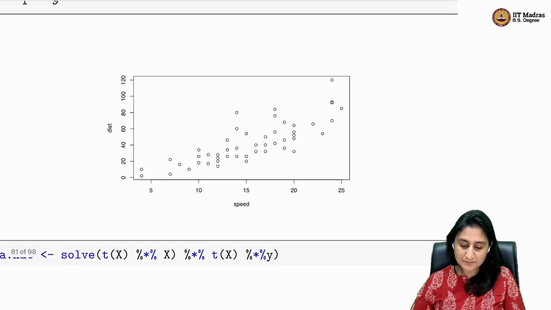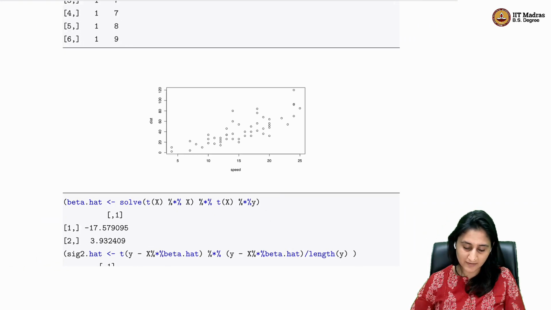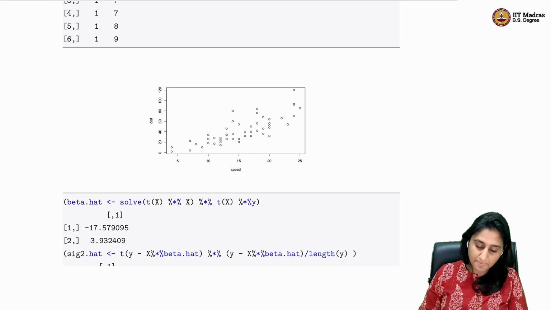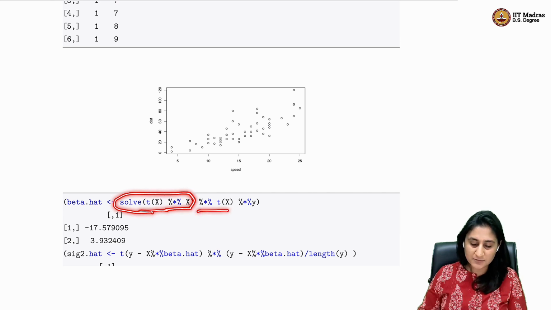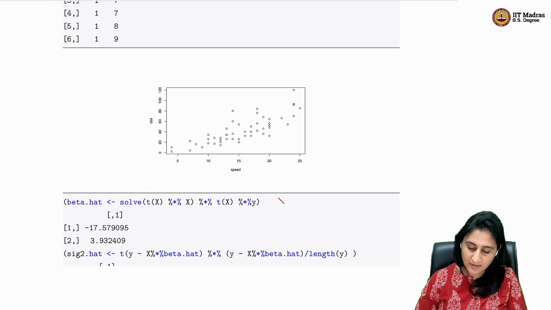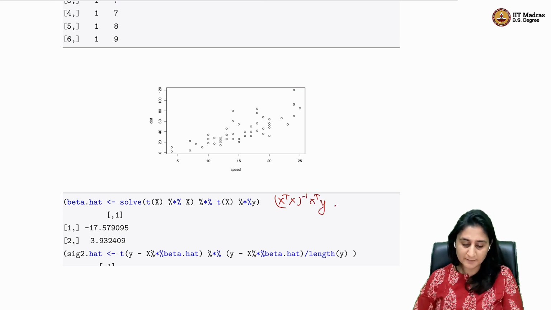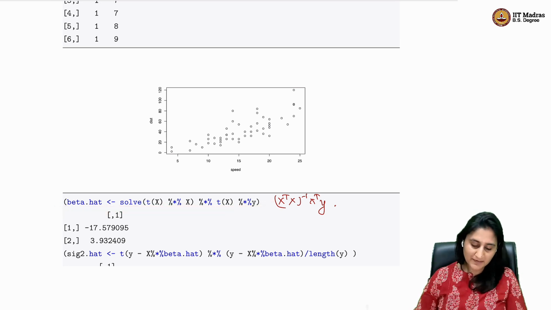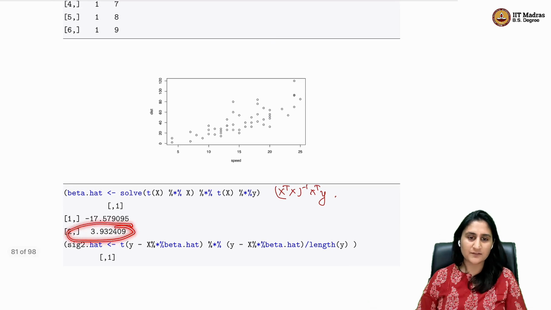Okay, and the maximum likelihood estimator for this line is, I just take X transpose X inverse, so that's this part here, X transpose Y. So this is X transpose X inverse, X transpose Y, and that's my beta hat. And it turns out my beta hat has first component minus 17.6, second 3.33.